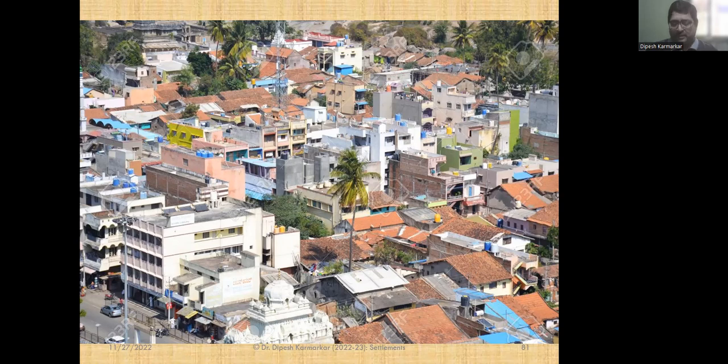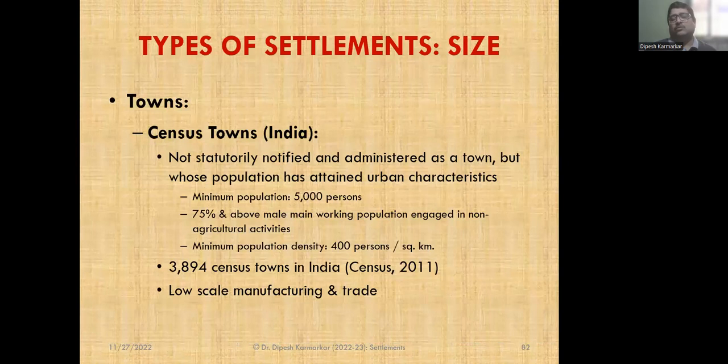The next kind of town that we can talk about is census towns. Census towns are the towns that are considered urban based on demographic characteristics. There are different demographic conditions laid down by the census.